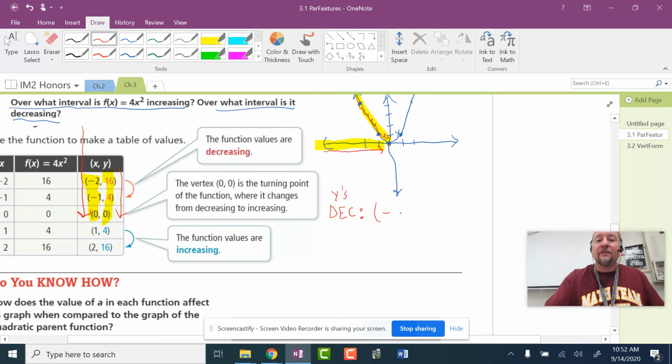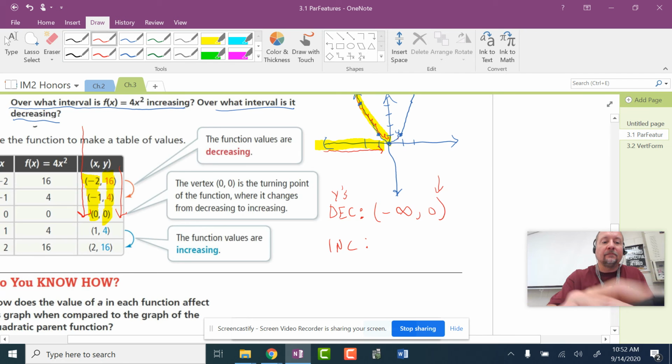And the answer is from negative infinity all the way up to 0 for an x coordinate. Always in increasing and decreasing intervals, it's just parentheses, because I really shouldn't include this 0, because at 0 there's a change of direction. There's something unique happening there.